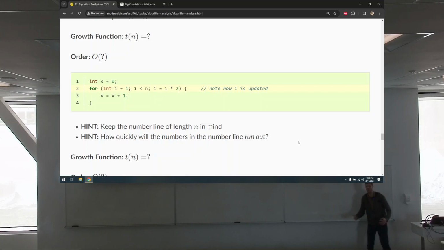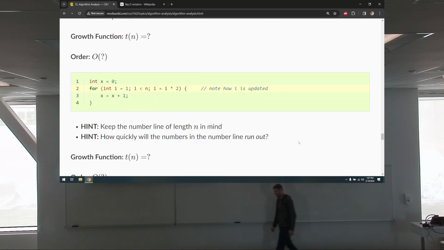How quickly am I moving towards the end? It's a loop, and the loop has an end. N is variable, but once it's set, if n is 1,000,000, that loop is bounded by 1,000,000. If n is 1,000,000,000, it's bounded by 1,000,000,000. So how quickly am I approaching that billion? That's how I think about it.